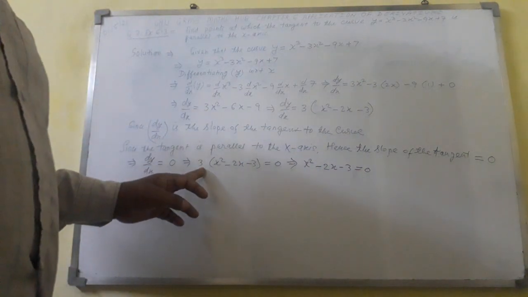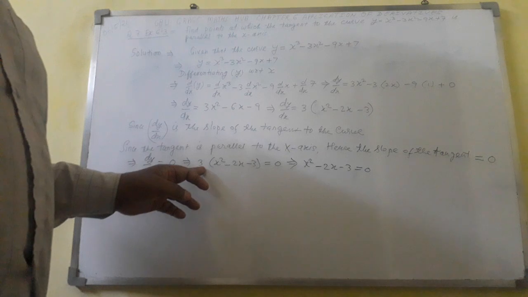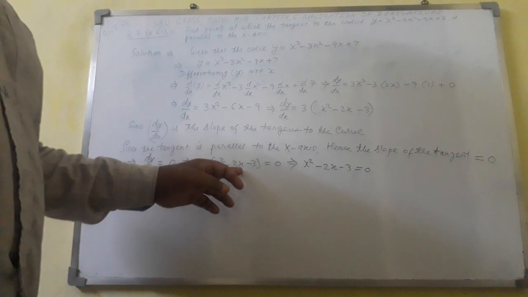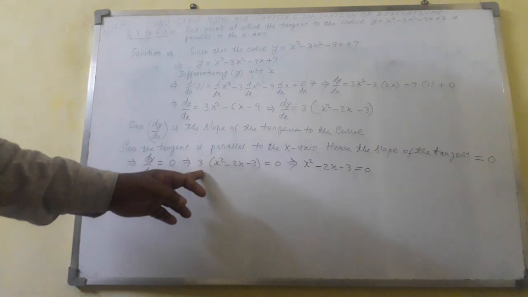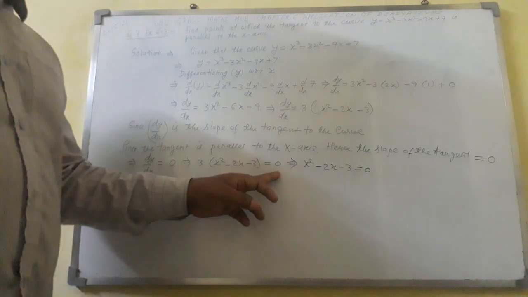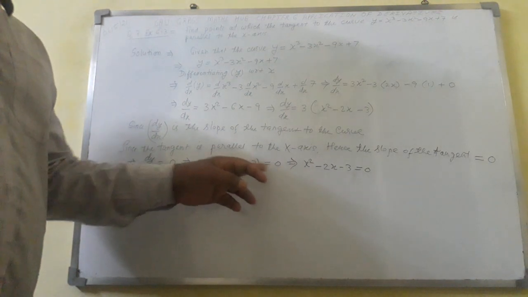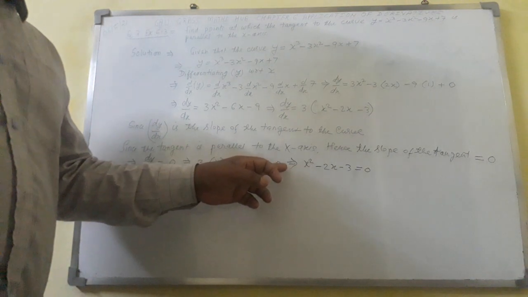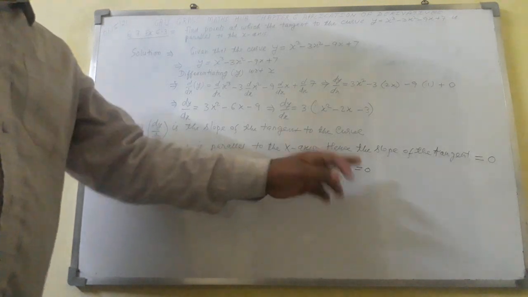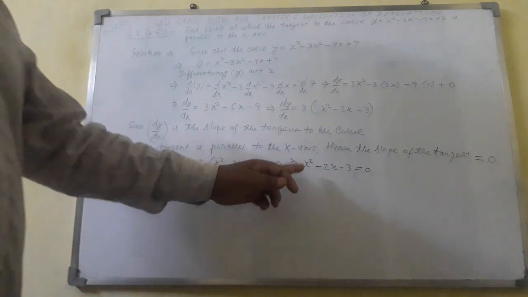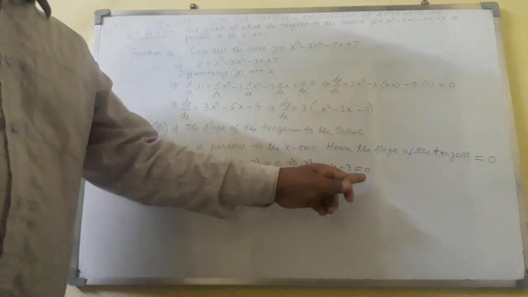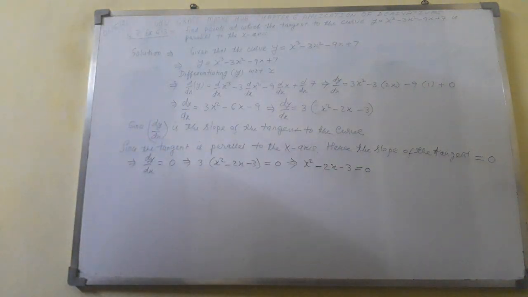Because this 3 is multiplied with the quadratic expression, it will be moved to the right hand side, where 0 over 3 comes out to be 0. So x square minus 2x minus 3 equal to 0 is a quadratic equation.